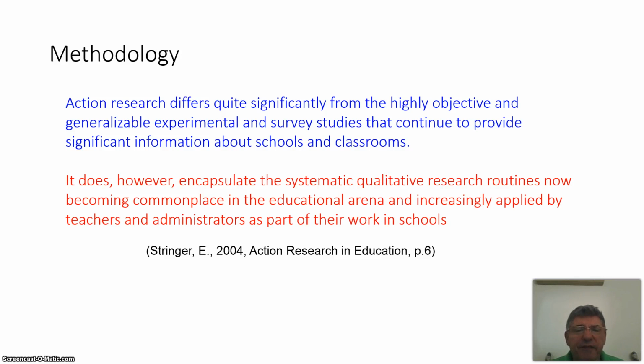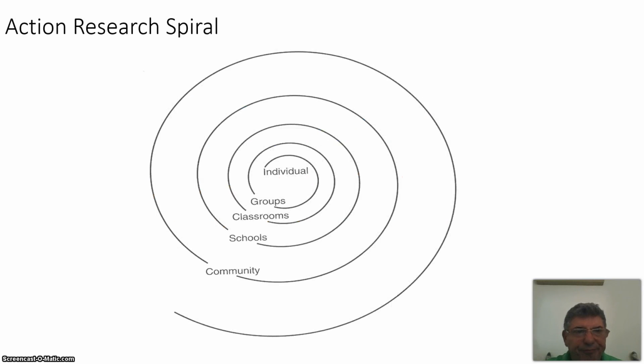So don't think of action research as a kind of second level research. It's the methodology that we use, and what I would say is there's no reason why this can't be top-notch qualitative research in education.